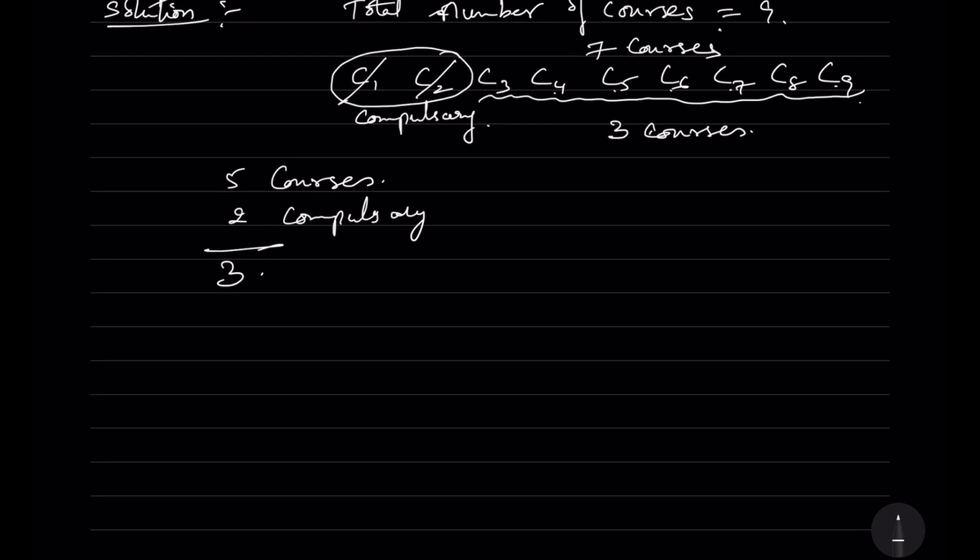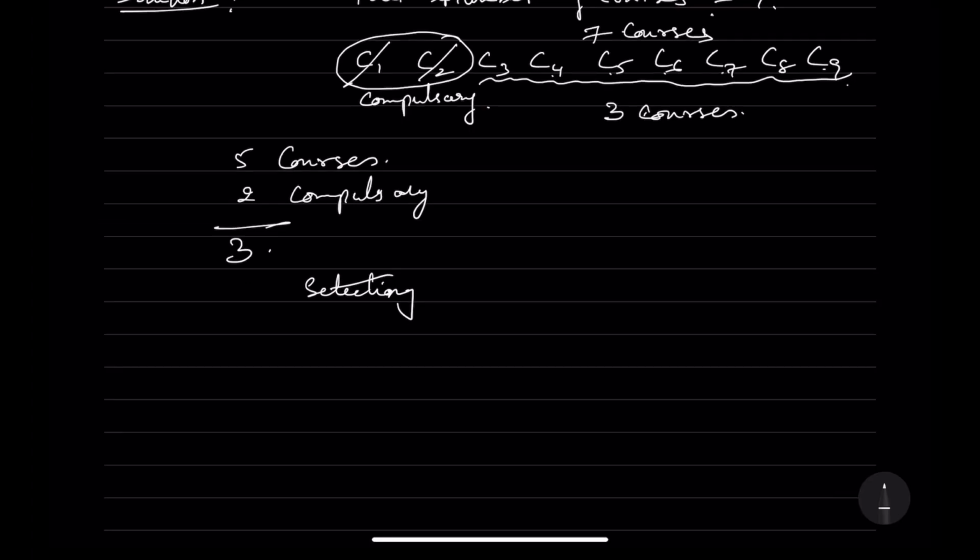We'll just see. So after selecting the 2 compulsory courses, we are selecting 3 courses from the remaining 7 courses.